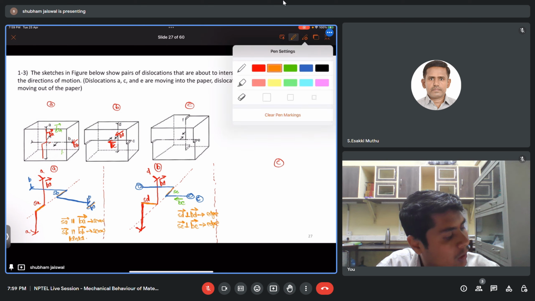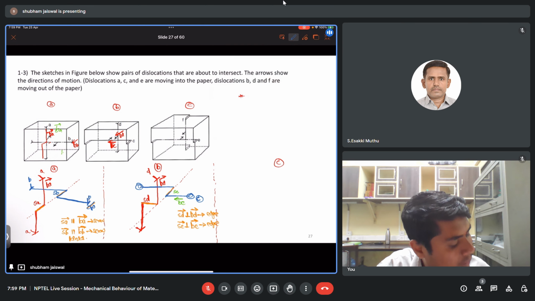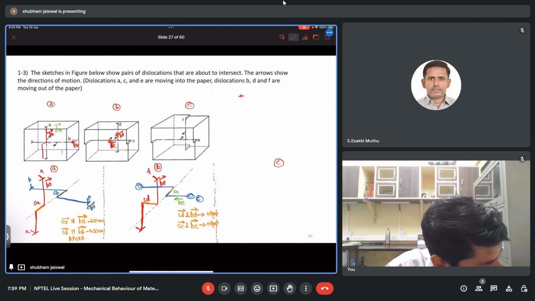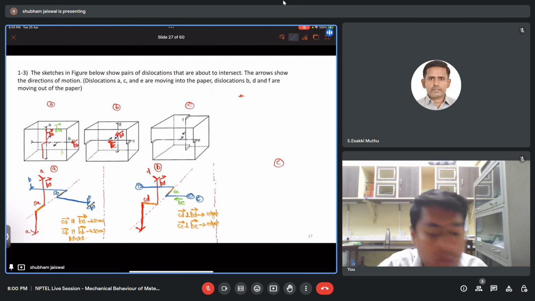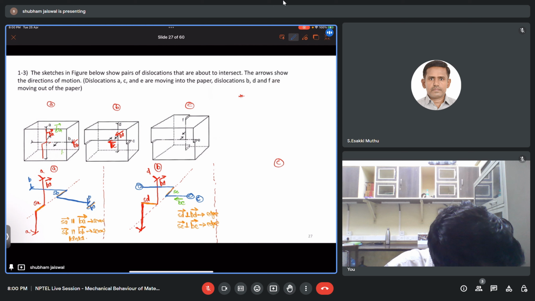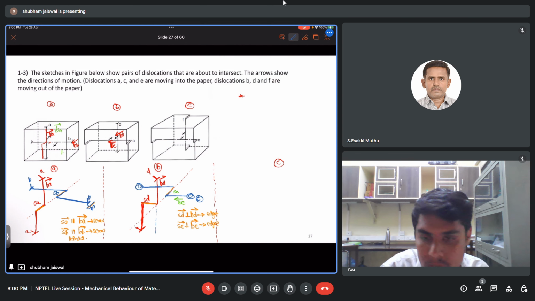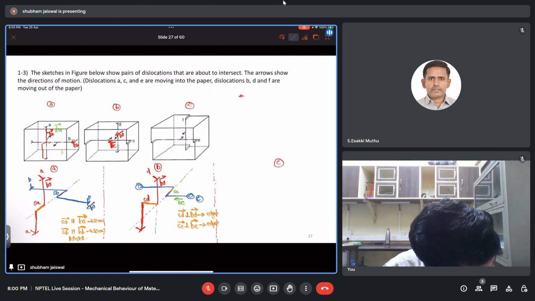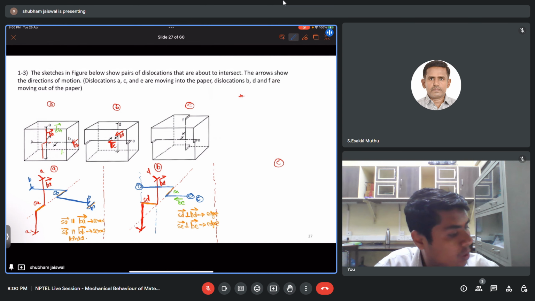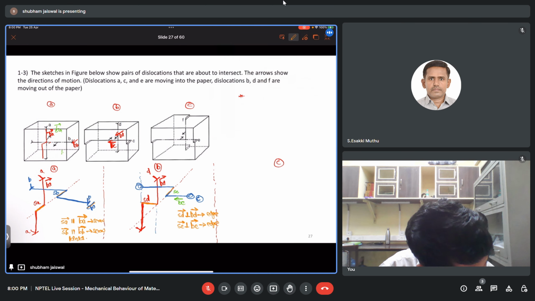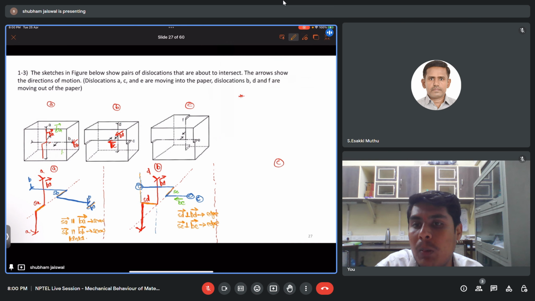Now here you can see that this SD is changing its plane. Means SD is changing the plane of dislocation. So initially this dotted blue was the plane of motion. Now this orange one is the new plane of motion, and this dotted blue one is the old plane of motion.